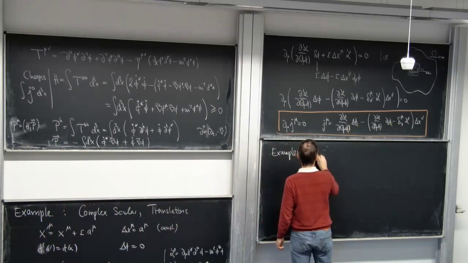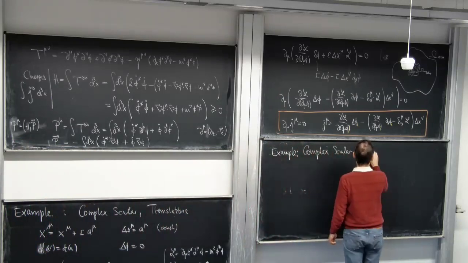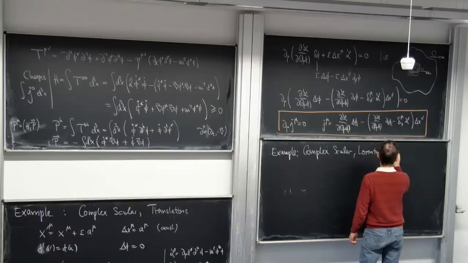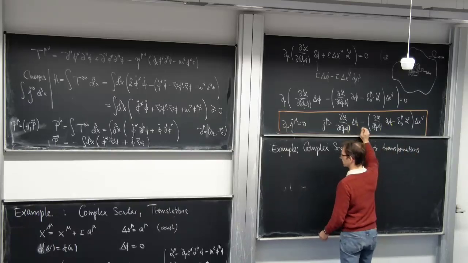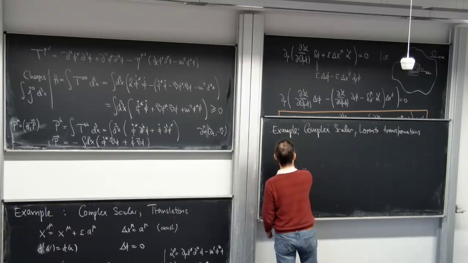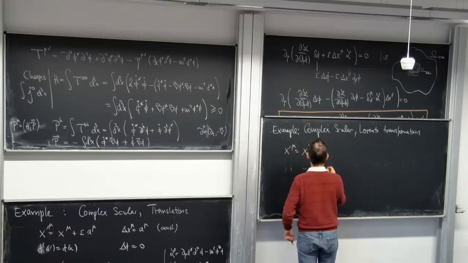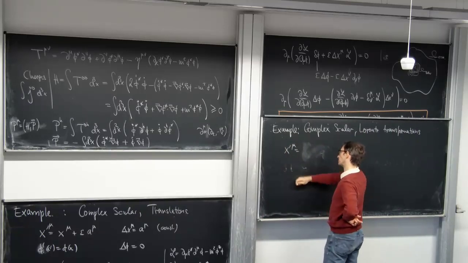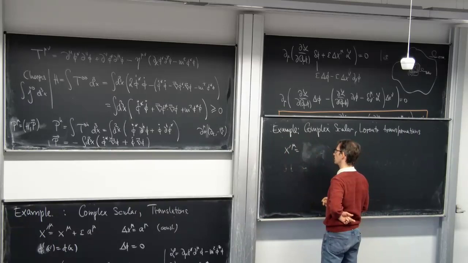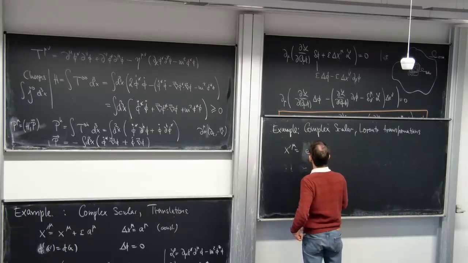Now, example, complex field and Lorentz transformations. And then we have the delta, so x prime is x^mu plus epsilon. Let's write the whole thing.